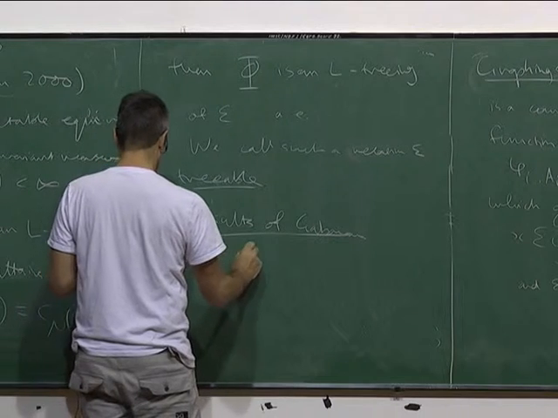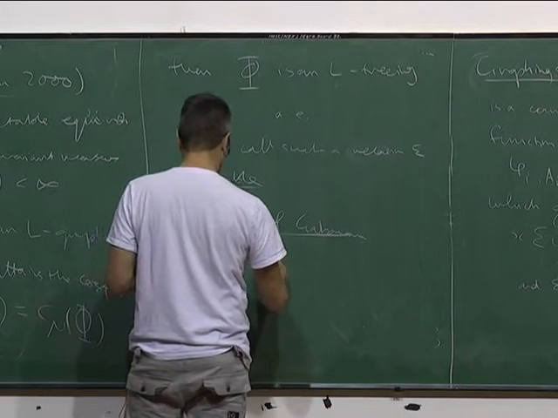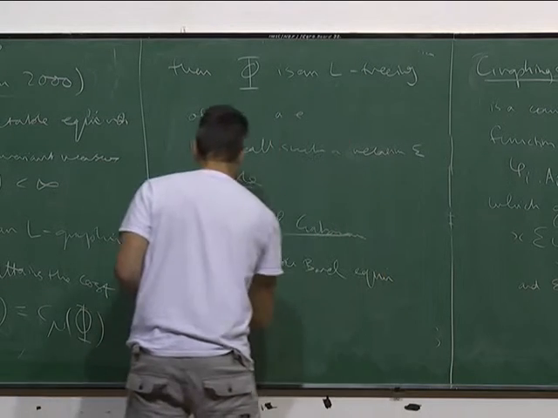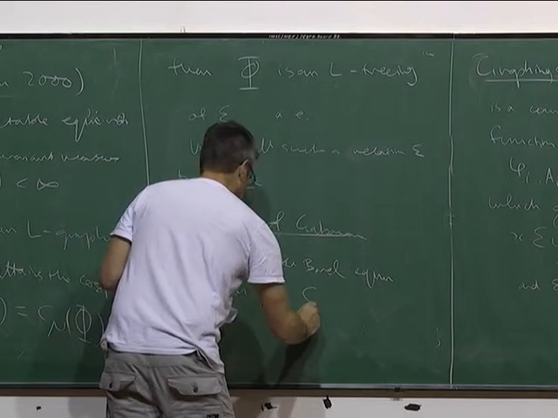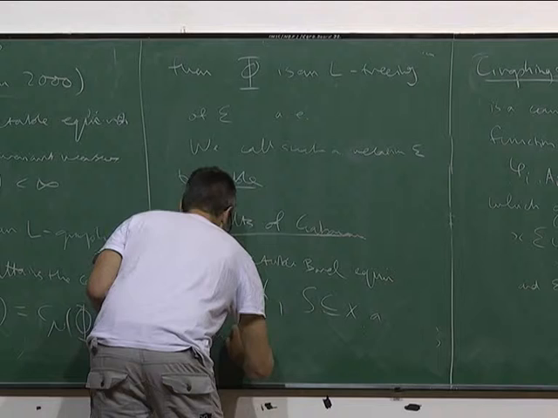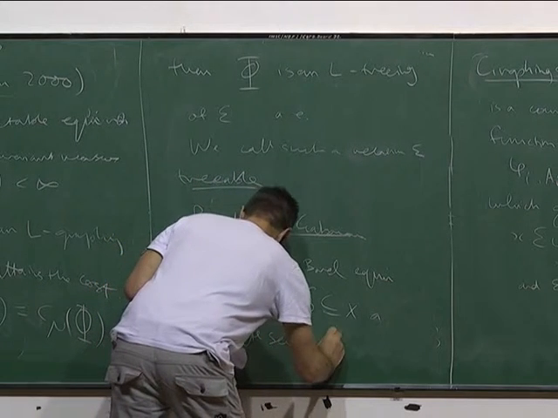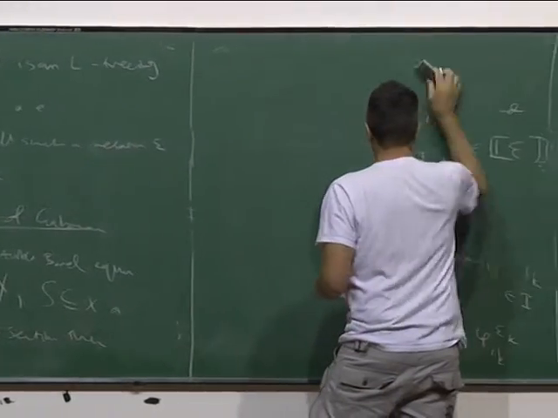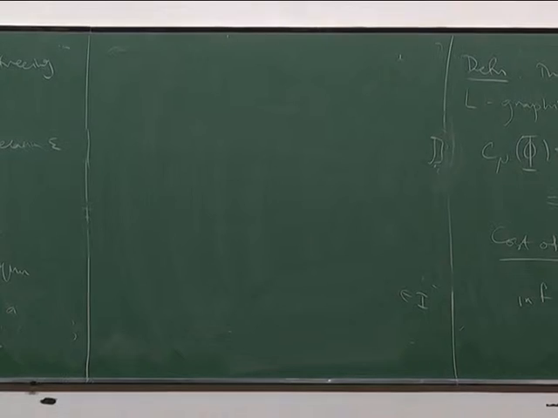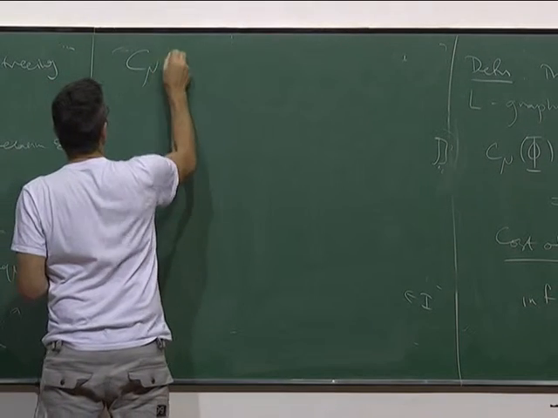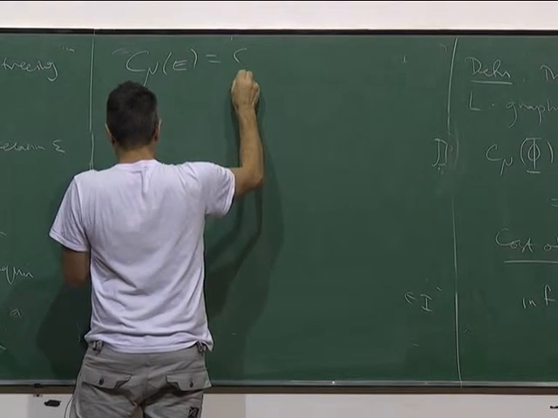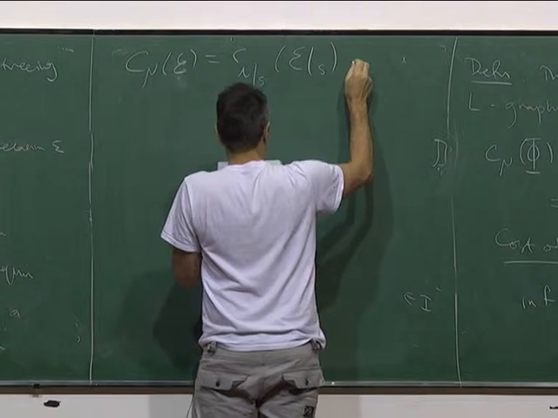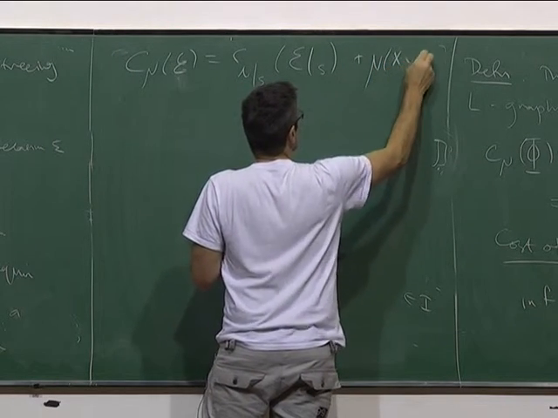So if E is a countable Borel equivalence relation, S a complete section, then the cost of E is equal to the cost of mu restricted to S, E restricted to S, plus the measure of X take away S.